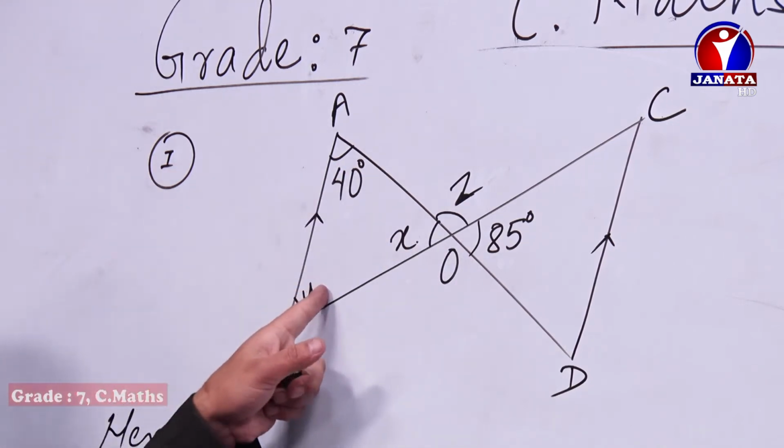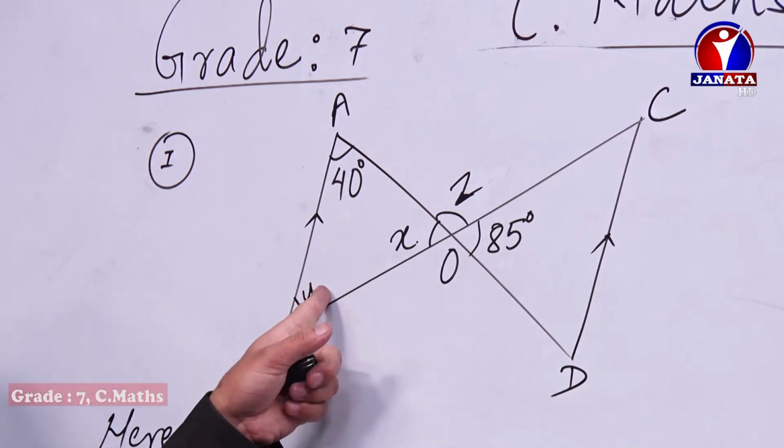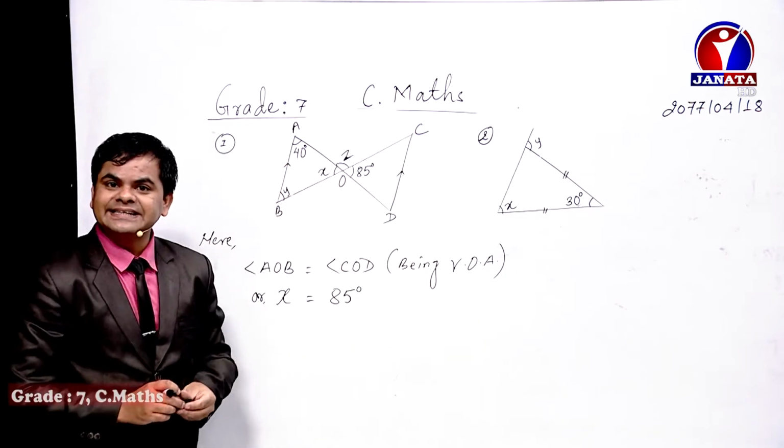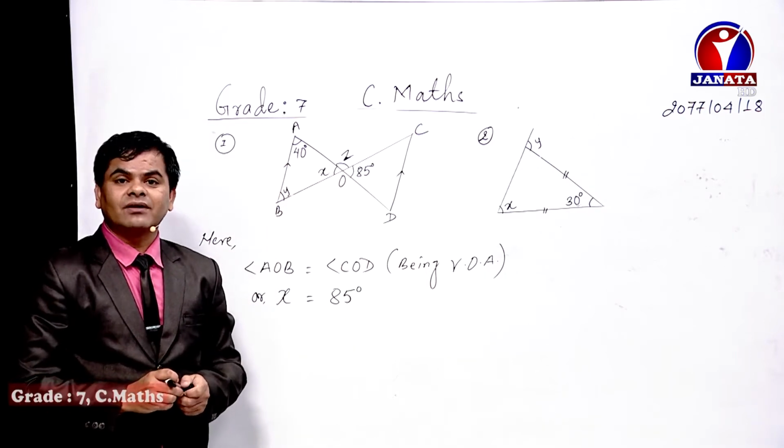Now can we find the value of Y? Of course: 40 plus X plus Y equals 180 degrees, being the sum of angles of a triangle.